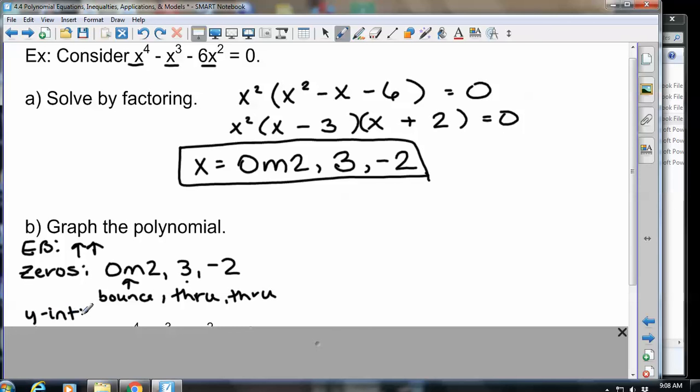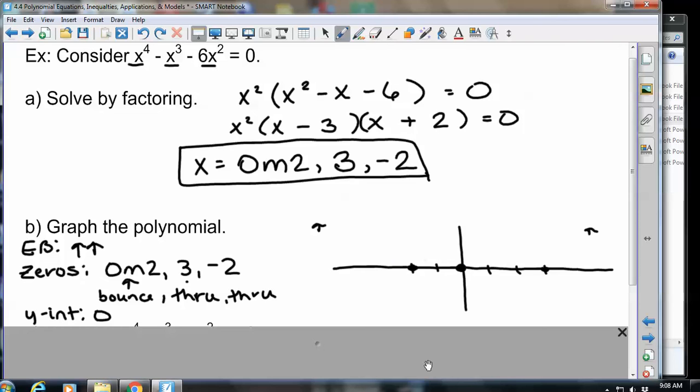So y-intercept, if you make all of your x's 0, you get 0 minus 0 minus 0, which is 0. I'm going to hit my x-axis at 0, 3, and negative 2.